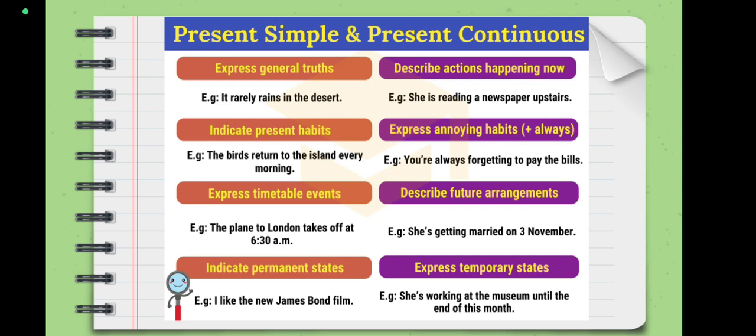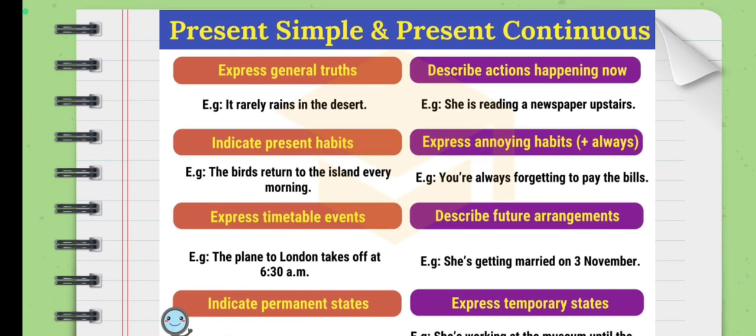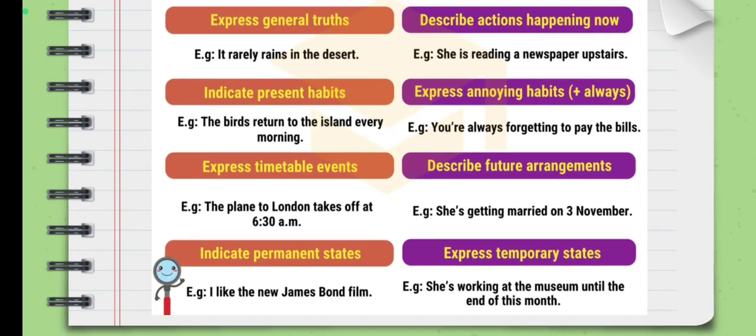Yes, teacher. Present simple and present continuous express general truths. It rarely rains in the desert. Indicate present habits. The birds return to the island every morning. Express timetable event. The plane to London takes off at 6:30 a.m. Indicate permanent states. I like the new James Bond film.